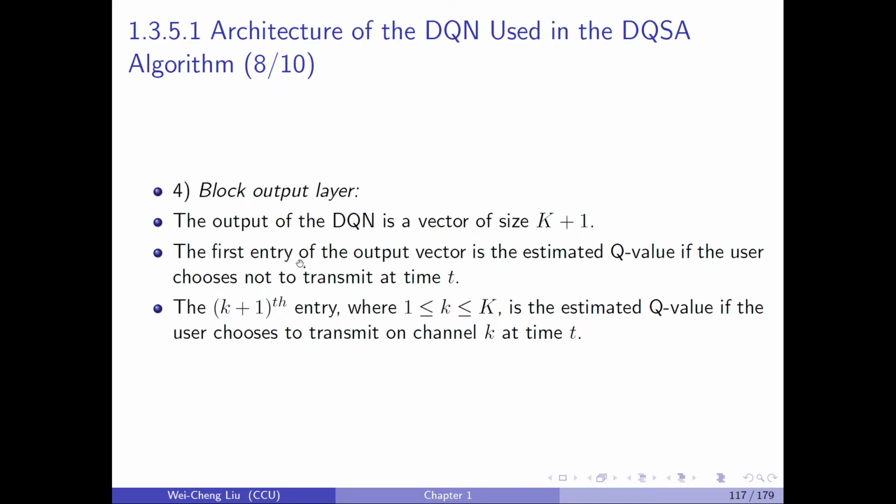The first entry of the output vector is the estimated Q value if the user chooses not to transmit at time t. The small k plus 1's entry, where 1 is smaller than or equal to small k, and small k is smaller than or equal to capital K, is the estimated Q value if the user chooses to transmit on channel small k at time t.